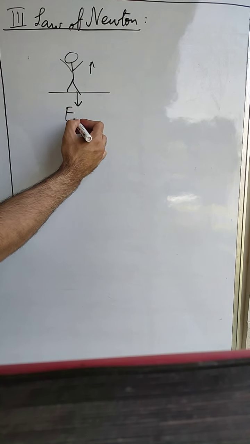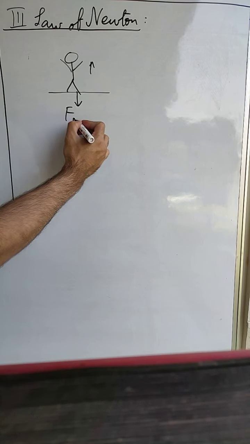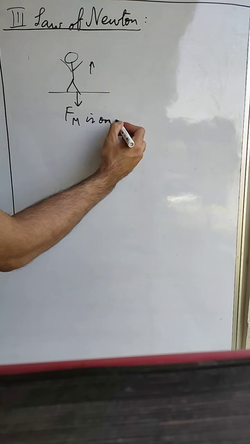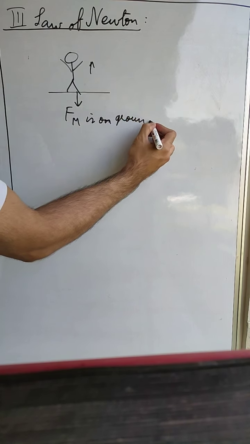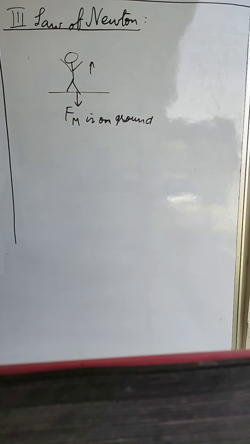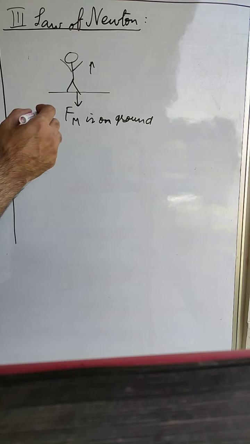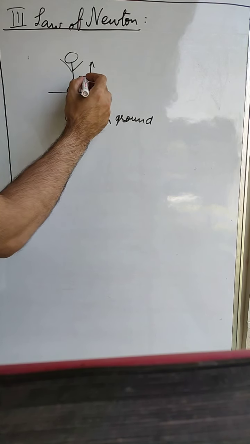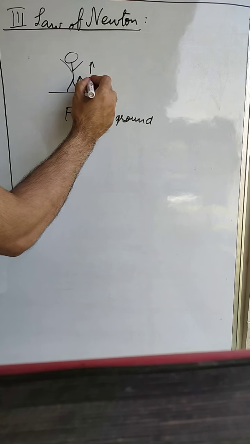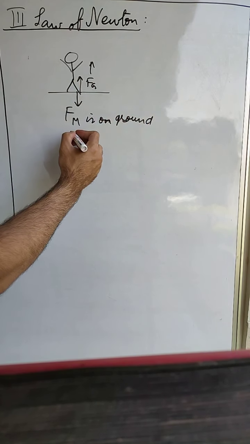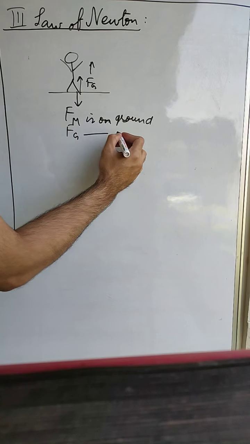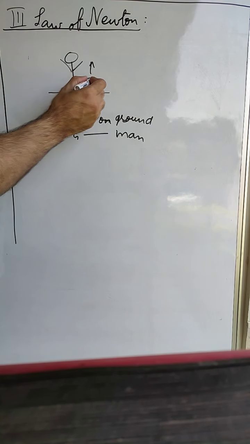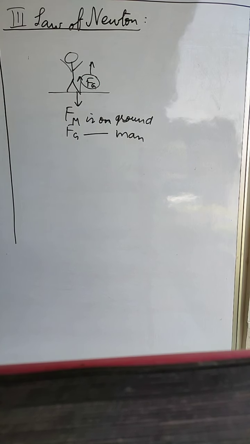This force applied by a man, Fm, is applied on the ground. Now, when this force Fm is applied on the ground, then the ground at the same moment applies the same force, let us say Fg, on the man. Because of this force Fg, we are able to jump.